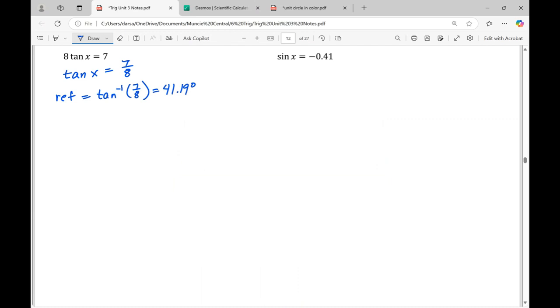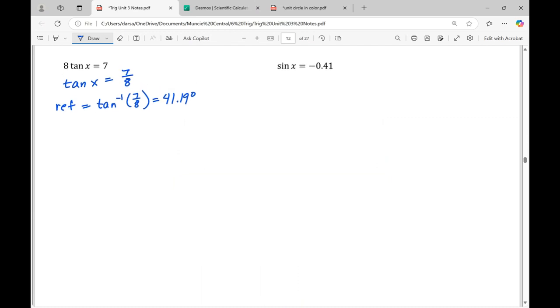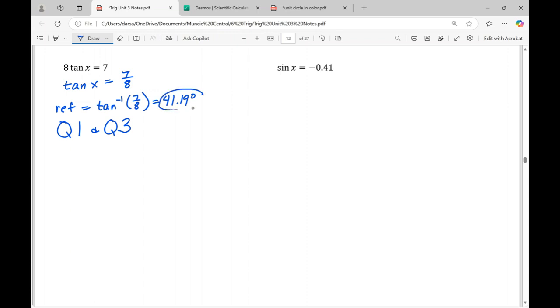Now, using All Students Take Calculus, we know that we need an answer in quadrant 1 and in quadrant 3 because that is where tangent is positive. Well, 41.19, our reference angle, is in quadrant 1. It's between 0 and 90 degrees. So that is our first angle.